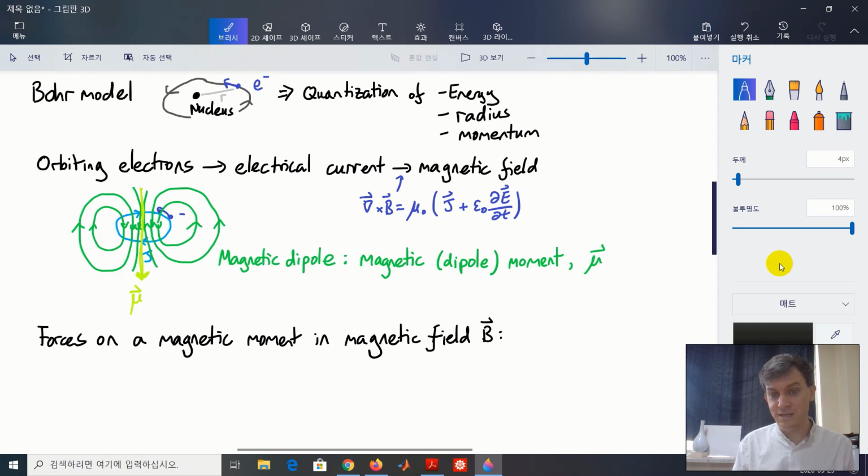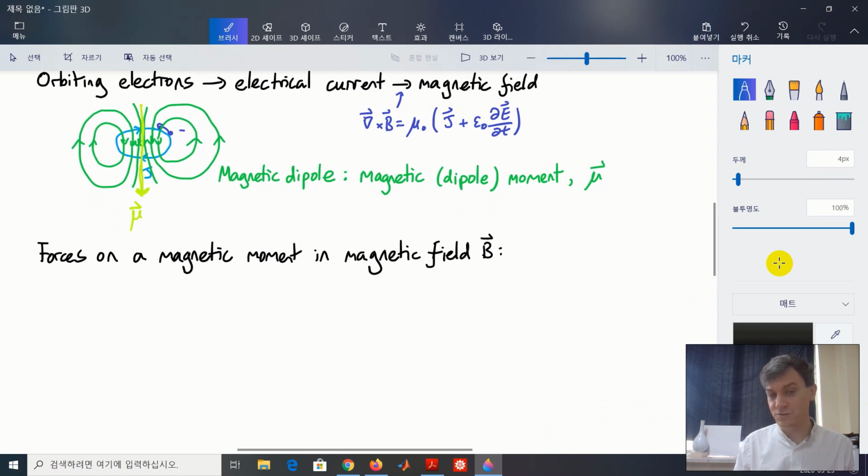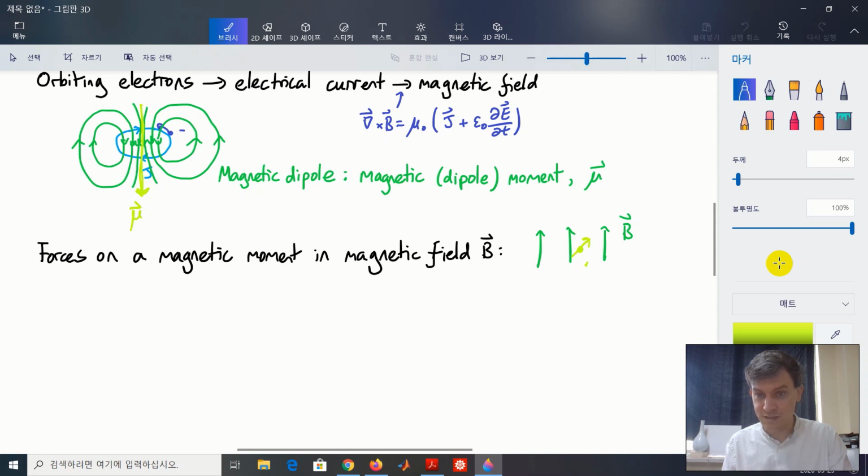Let's say B is the external magnetic field you apply to the magnetic moment. You have some external magnetic field like this. This is B, and in this field I have a magnetic moment, mu, like this. There is a force on the magnetic moment because of the magnetic field, and the equation is as follows.